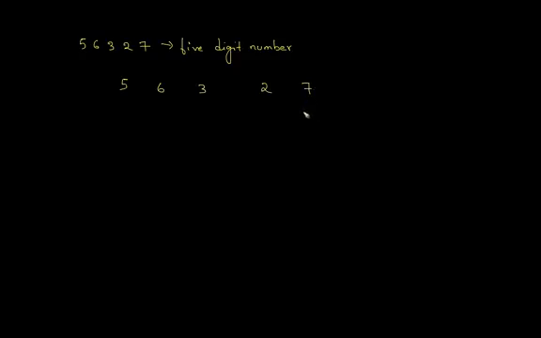Always you need to go from right to left, right? This way. 7, 2, 3, 6, 5, right? This place is called the unit digit place, at the end of the number.